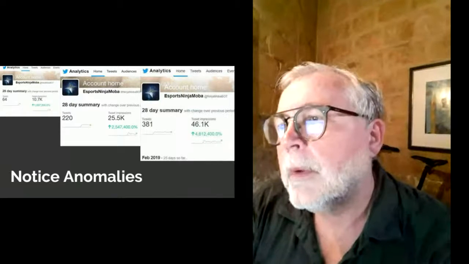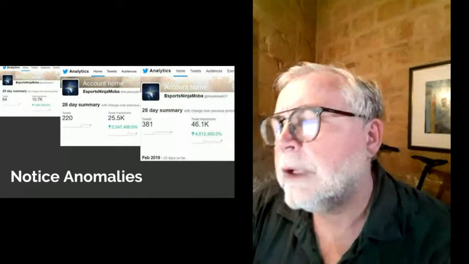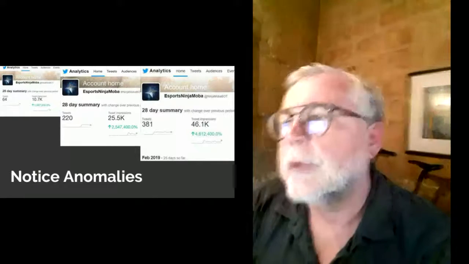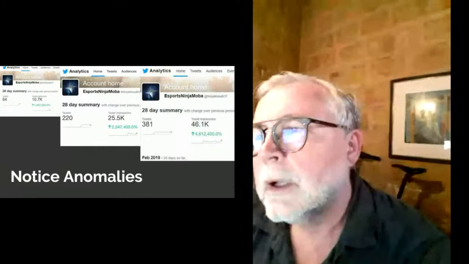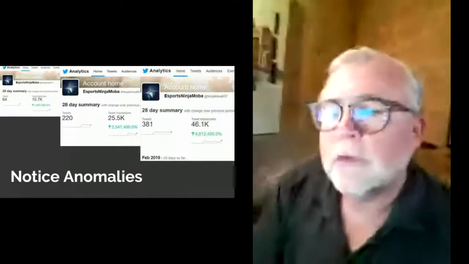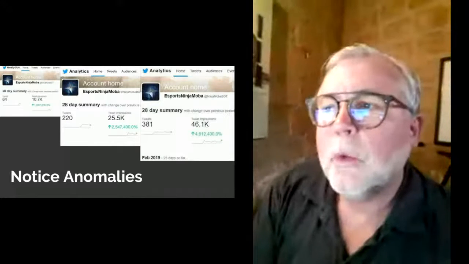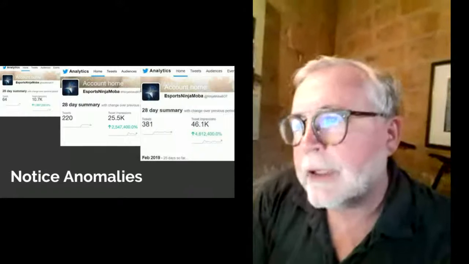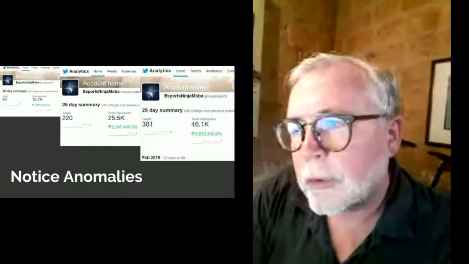And I really wasn't looking for retweets. I was looking to see how far that message could possibly go. And for 64 tweets that were positive sentiment, we got 10,000 impressions. That means that 10,000 people saw our tweets.